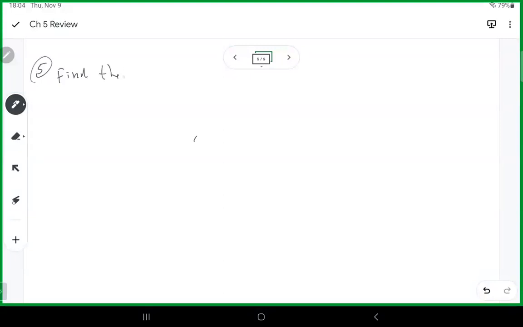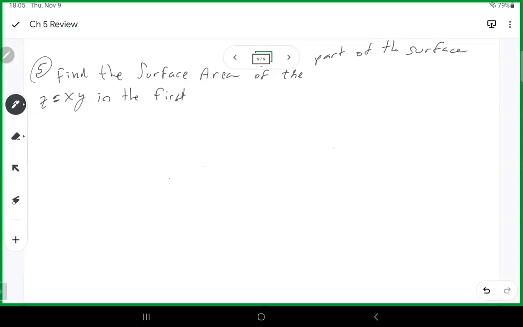Find the surface area of the part of the surface z equals xy in the first octant that lies within the cylinder x squared plus y squared equals 9.